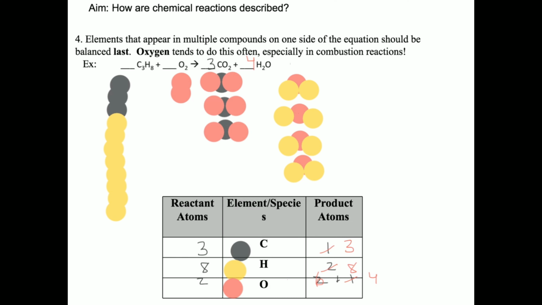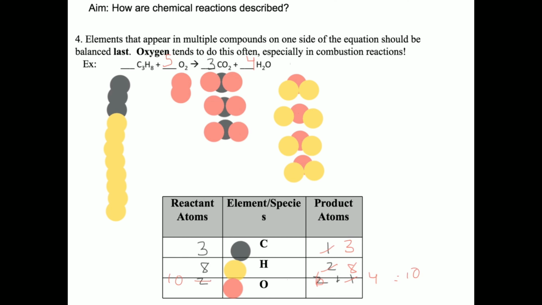So now I see that my oxygens are out of balance. If I add the 2 coefficients, or the 2 numbers from the product side, the 6 and the 4, I will see that I have 10 oxygens. So to make 10 oxygens on the reactant side, I'm going to add the coefficient of 5.